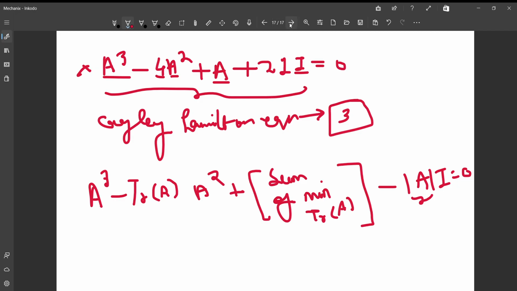So let me first introduce what the magnitude of a matrix is.